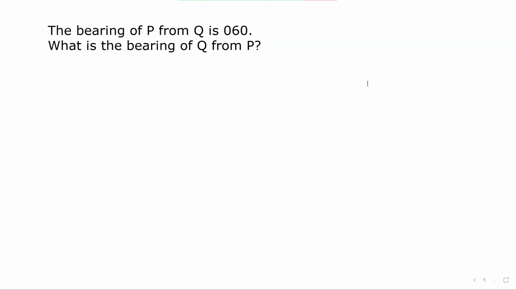Well, firstly, the bearing of P from Q. That means your starting point is Q. I just like to put it over here. I put my first point here, but you don't need to do it like that.